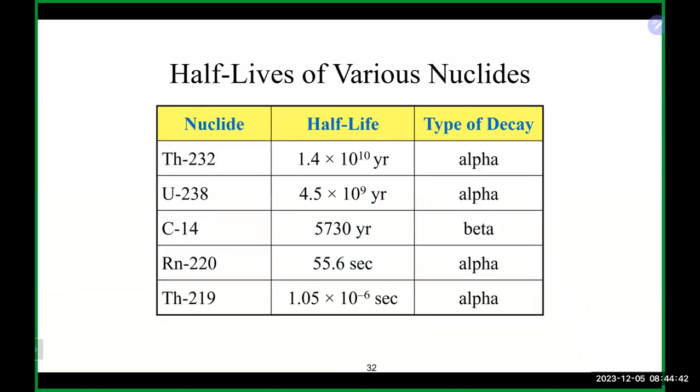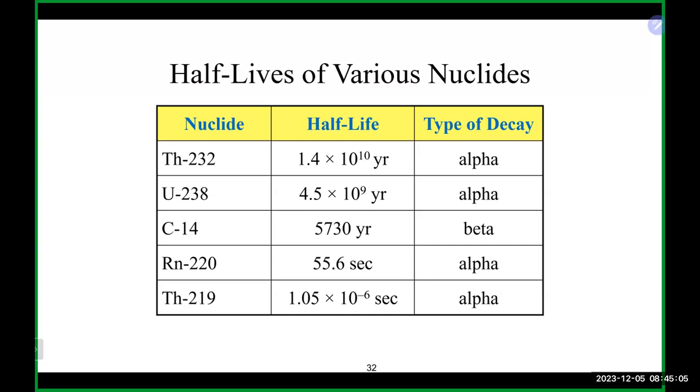So half-life obviously is the time it takes for half of whatever you started with to go away. So again, if you started with 10, after the first half-life, you have 5. After the second half-life, you have 2.5. And then I need a calculator after the third half-life, but you keep dividing it by 2. But some things have really long half-lives, and some things have very, very short half-lives.